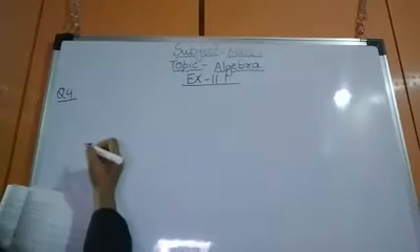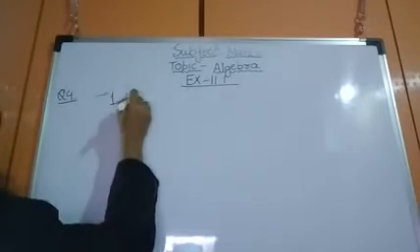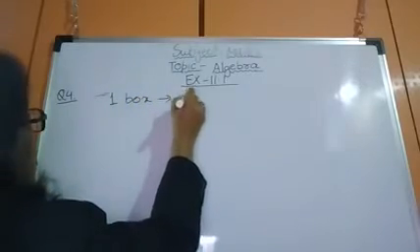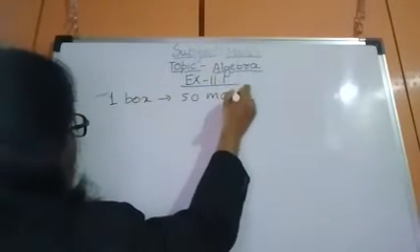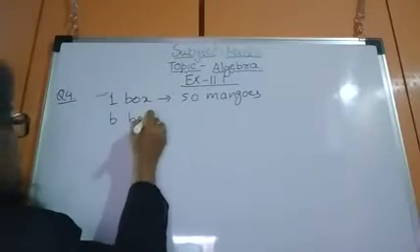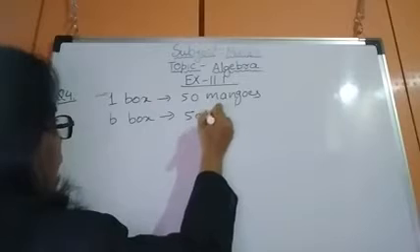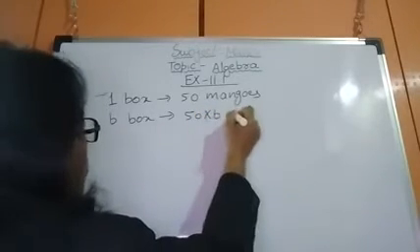So how many? 50 mangoes. One box, 50 mangoes. So in B boxes, how many mangoes? 50 multiplied by B mangoes.